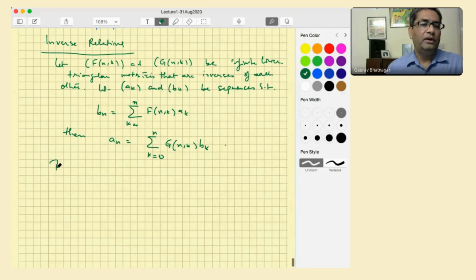Okay, so these are called inverse relations.